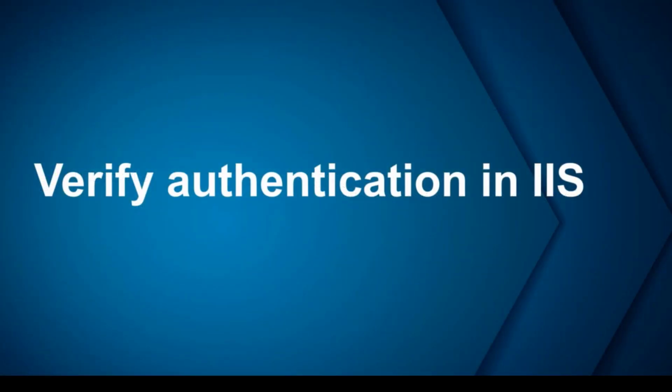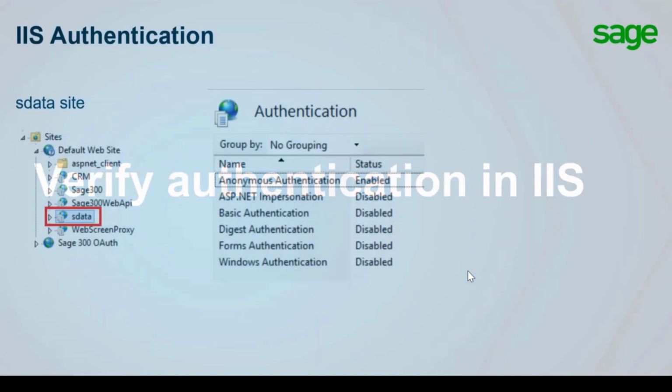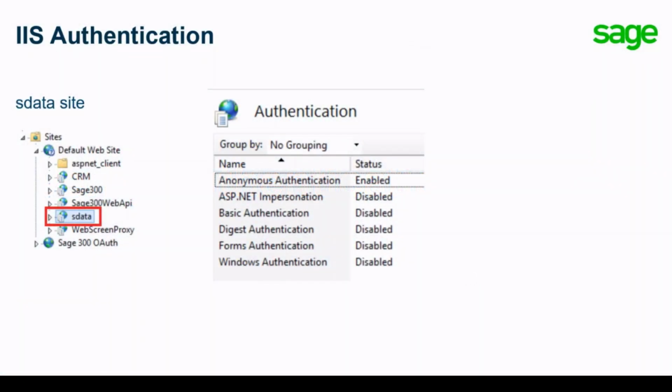Next thing to do is we can verify our authentication in IIS and see if Tomcat or the SData site is using the correct authentication to send to Tomcat. So when we're in IIS and we're on our SData site, we can check authentication for our site.